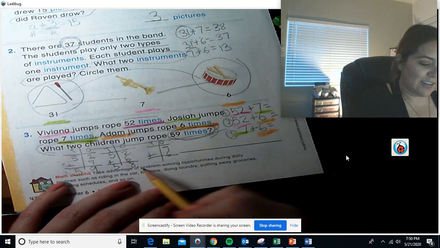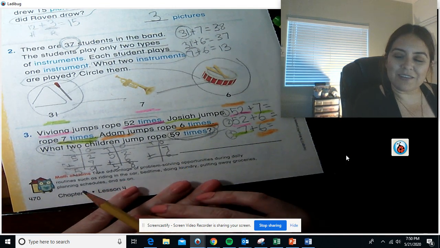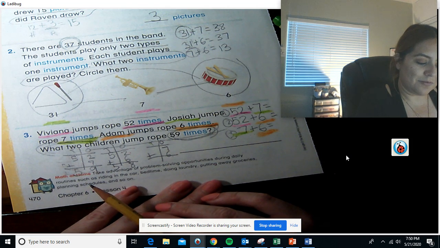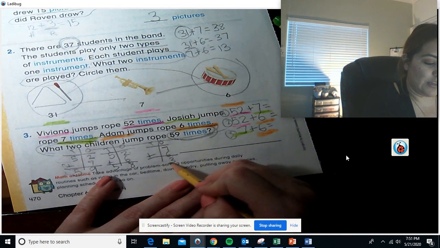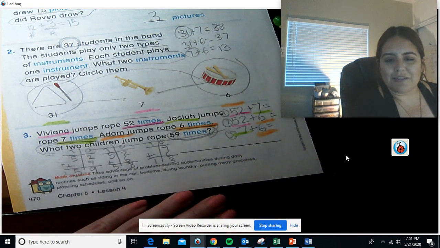That's not it. And then 7 plus 6. 7 plus 6 is 13. That's not it either.